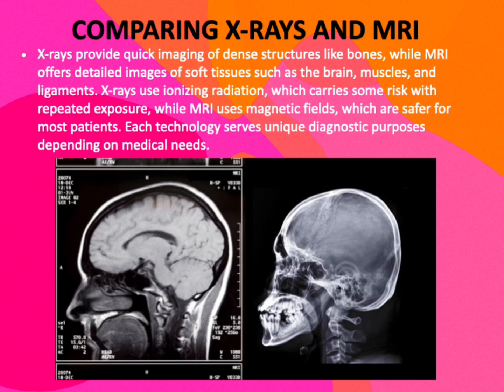X-rays provide a quick imaging of dense structures like bones, while MRI offers a detailed image of soft tissues such as the brain and muscles. X-rays use ionizing radiation, which carries some risks with repeated exposure, while MRI uses the magnetic field, which is safer for most patients. Each technology serves unique diagnostic purposes depending on the medical needs.